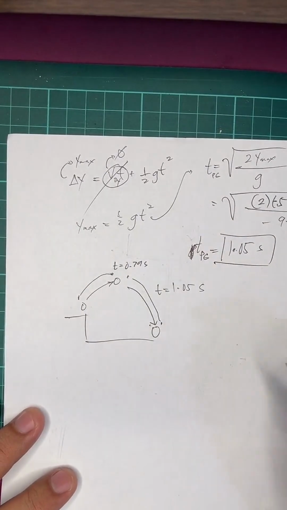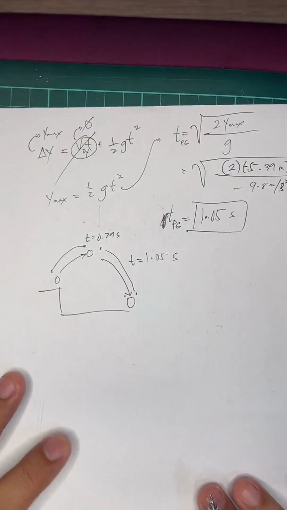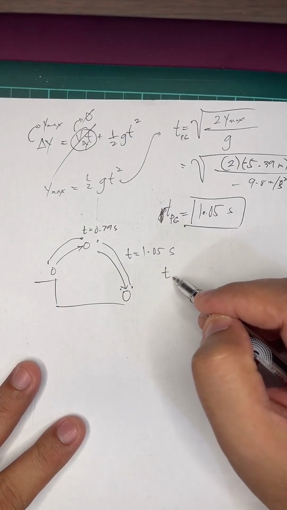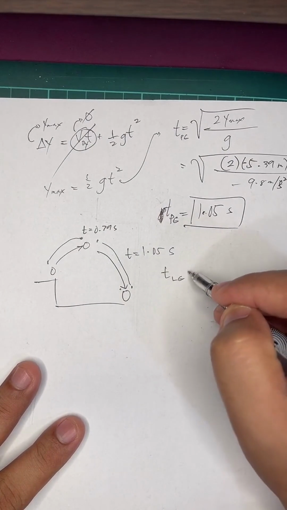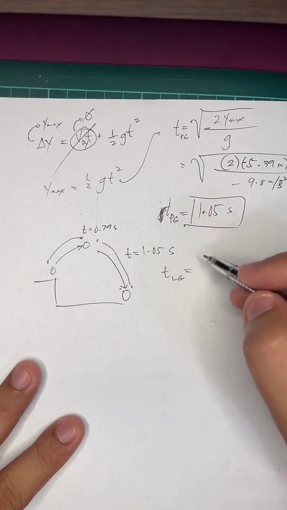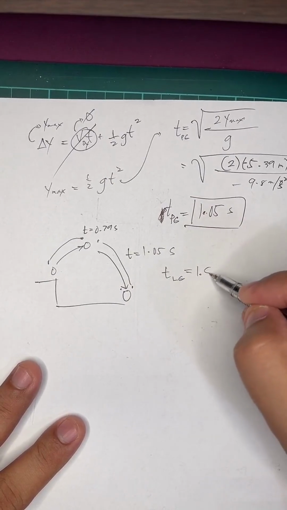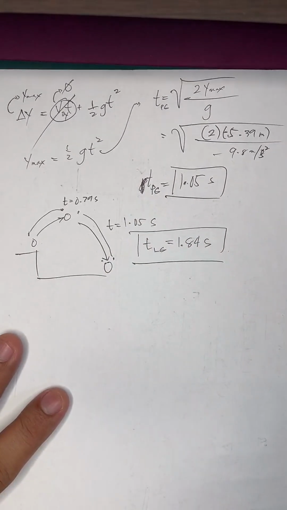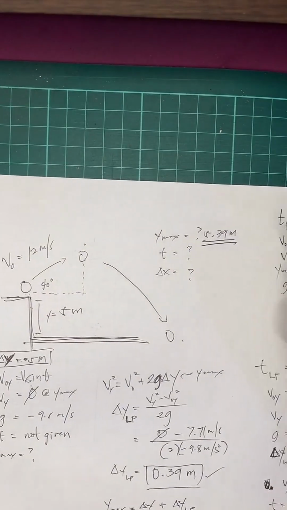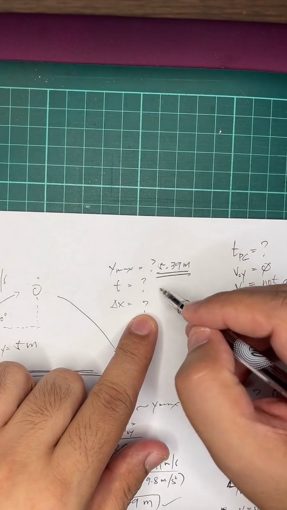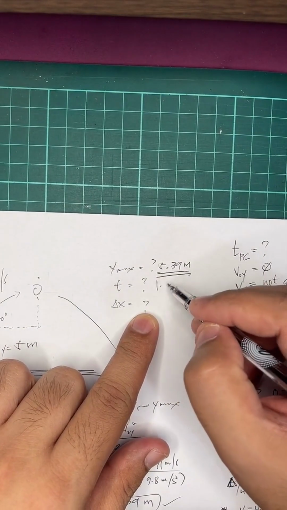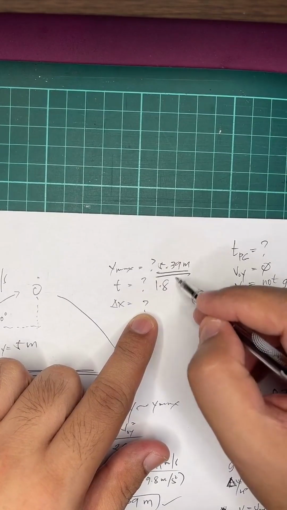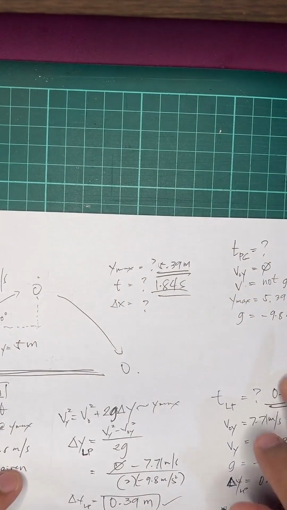To get the total time, we simply add them. Time from launch to ground would be equal to 1.84 seconds. Okay. So the total time is 1.84 seconds. Now, we can finally solve for the range.